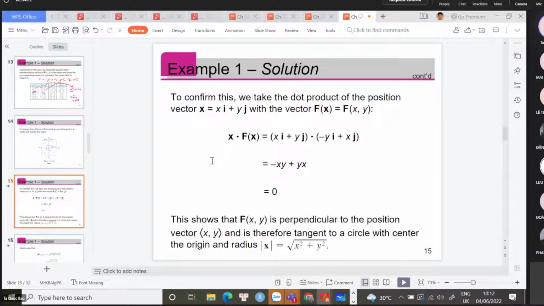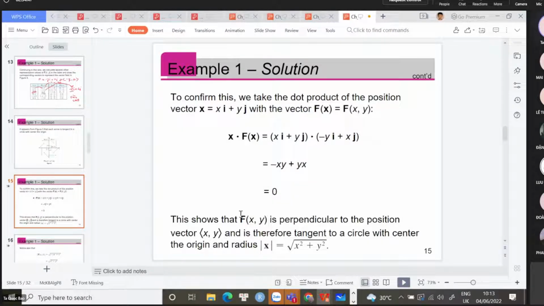So now to confirm this, we take the dot product of the position, where x is a xi plus a yj, and f is like this, and we take the dot product, and then you can see that x times f(x) is equal to 0.